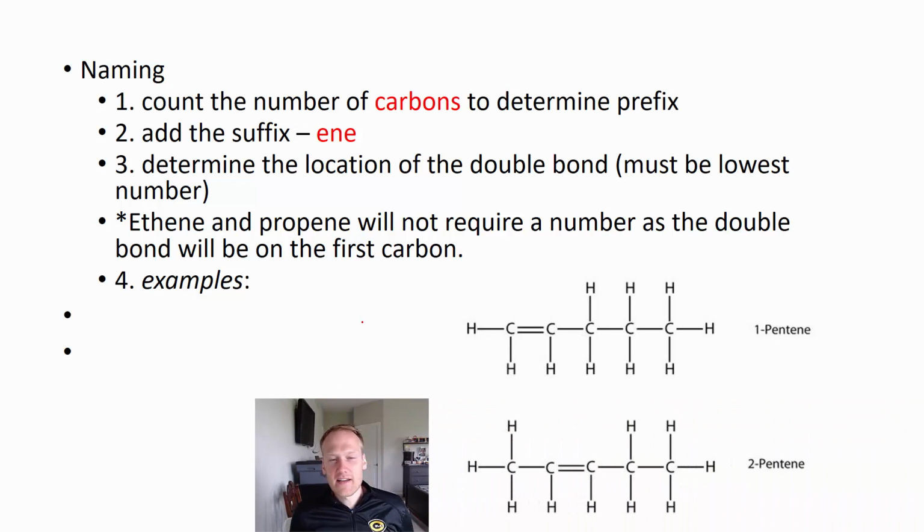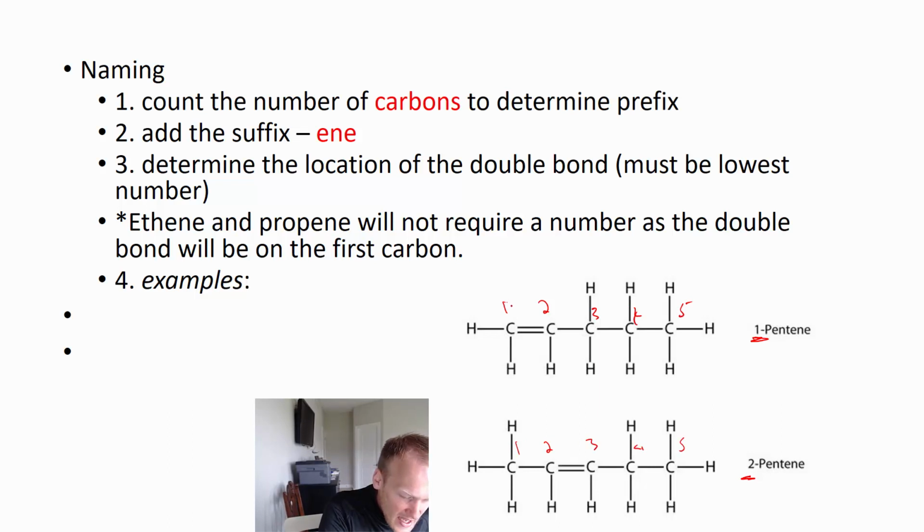The only thing that's different here is you would technically want to tell where the double bond is. Notice in your drawing here that these are both pentene, but the double bond is in a different place, so you would number your carbons 1, 2, 3, 4, 5, and this is 1, 2, 3, 4, 5.